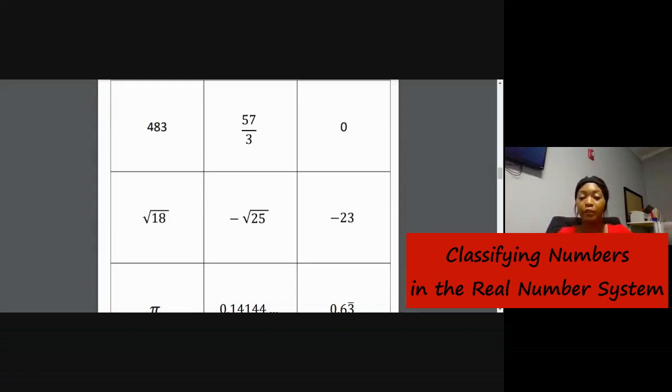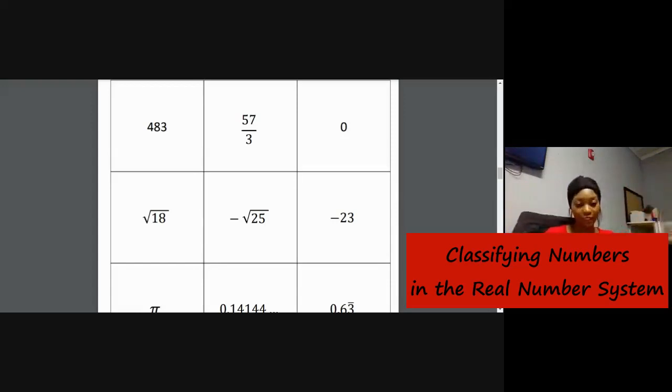Now, is negative 5 an integer? Yes, very good. Anytime you take a number that doesn't have decimals and doesn't have fractions, and it is positive or negative, that makes it an integer.